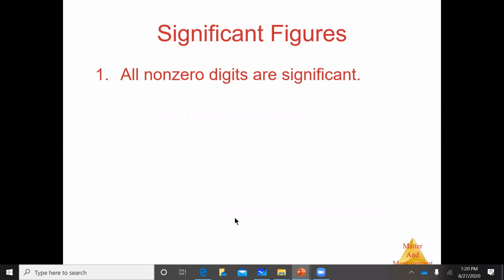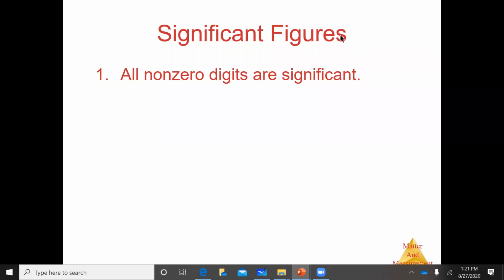All right, so let's talk about significant figures and what we classify as significant figures, because when you're rounding, you've got to know if the numbers you're looking at are significant or not. So the easiest rule is the first one: all non-zero digits are significant.